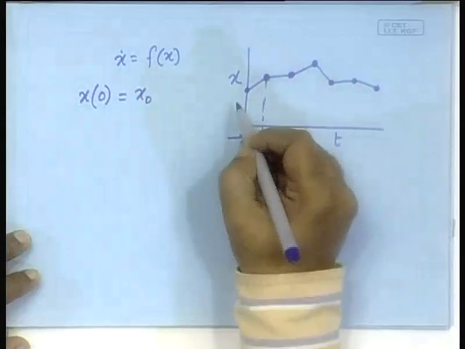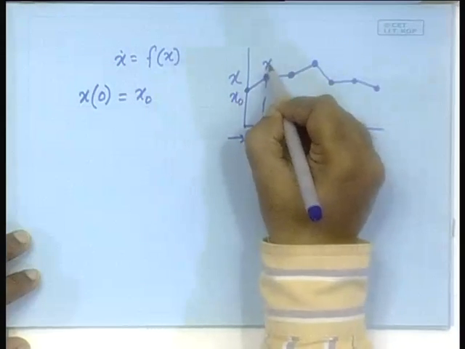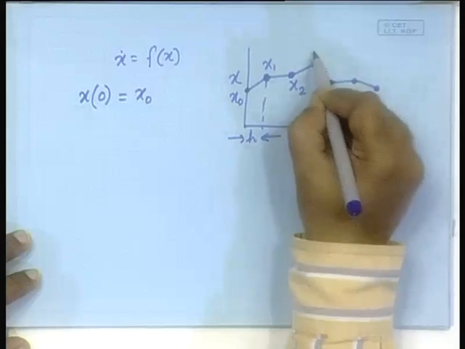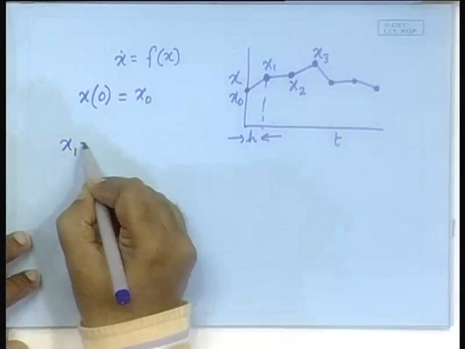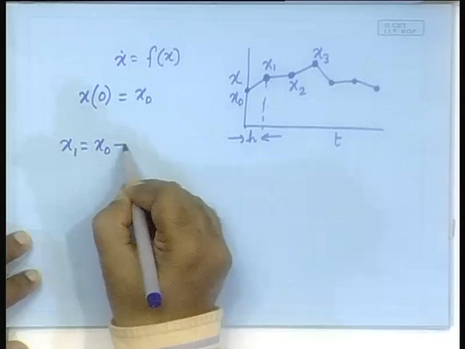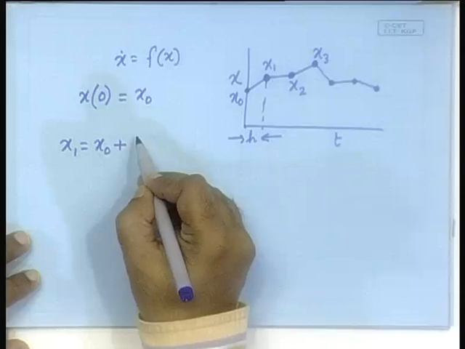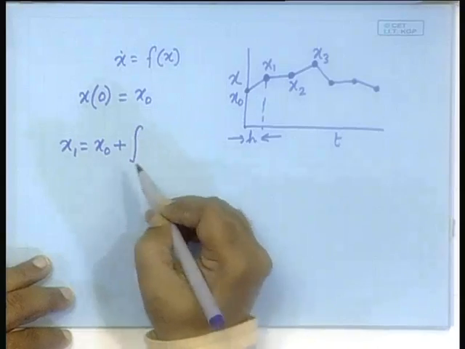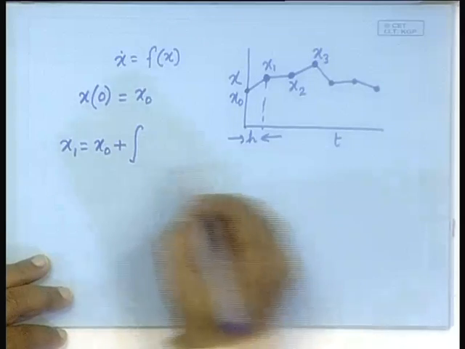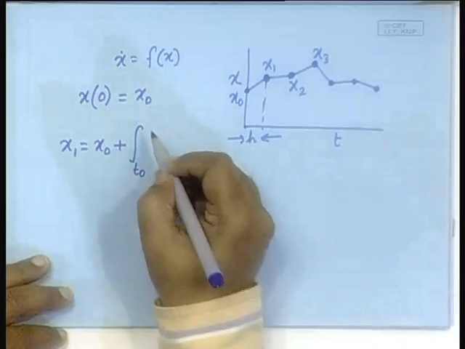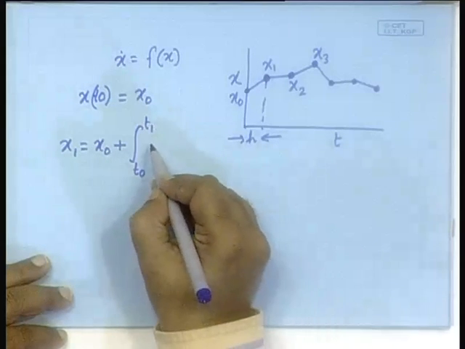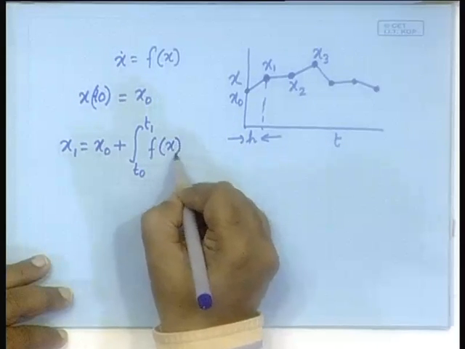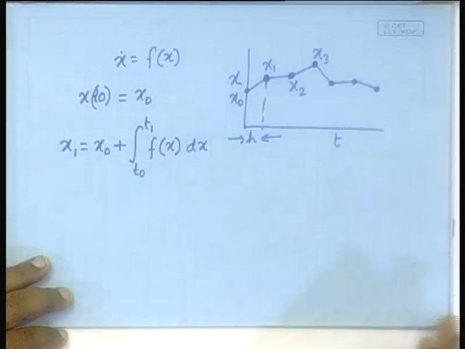This is x 0, this is x 1, this is x 2, x 3 and all that. So, x 1 is equal to x naught plus, ideally you would like to do the integral, integral from t 0 to t 1 of f of x, this is what you want to do.